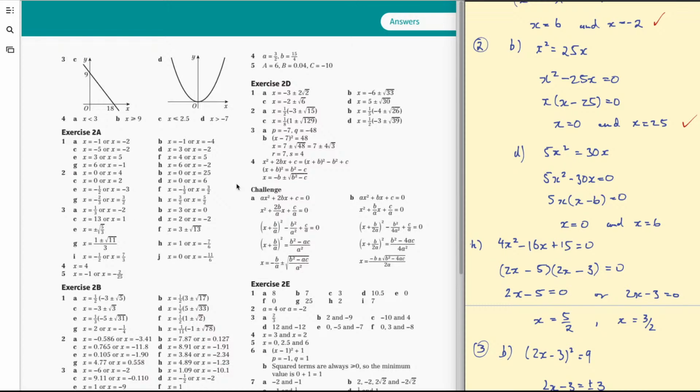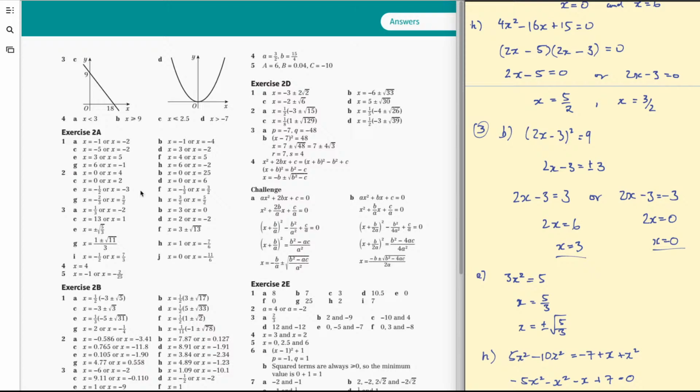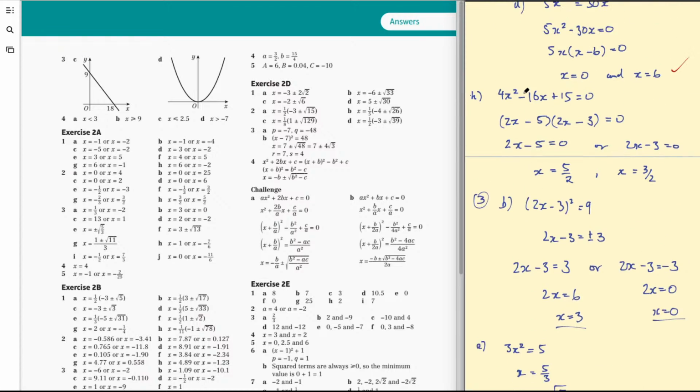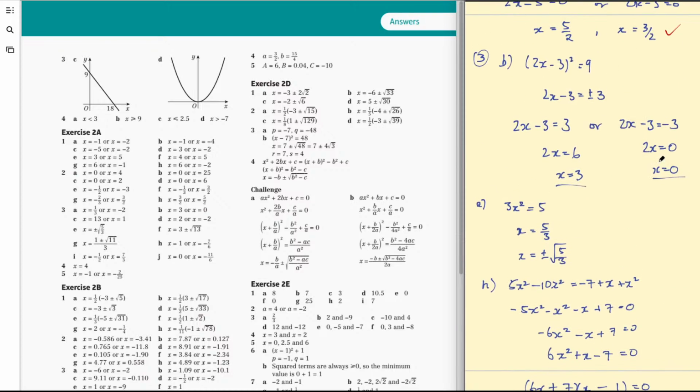D was 0 and 6. And if you did any of the other exercises, make sure you're checking those as well while we're here. H of question 2 was 3 on 2 and 5 on 2. 3b, x equals 3 and x equals 0.